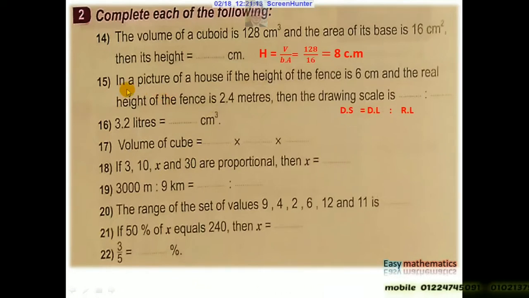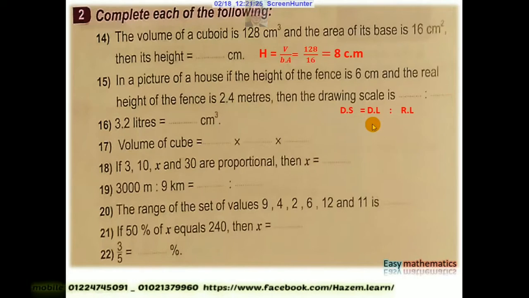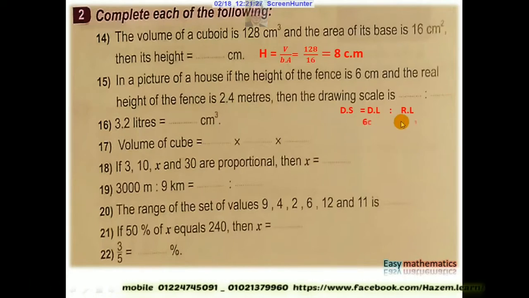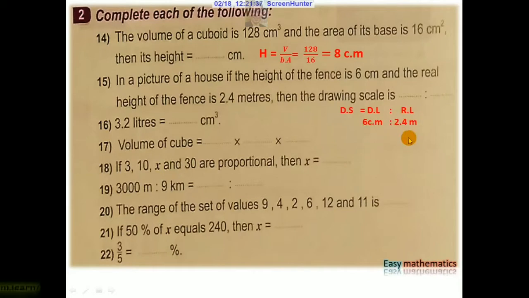In a picture, it means this 6 centimeters is the drawing length. And the real height here, 2.4, means real length. So under drawing length we write 6 centimeters, and under real length 2.4 meters. Because we have two different units, as I told you before, we keep the smallest unit as it is and change only the biggest one to the smallest one.